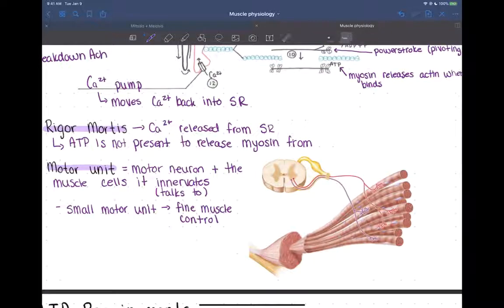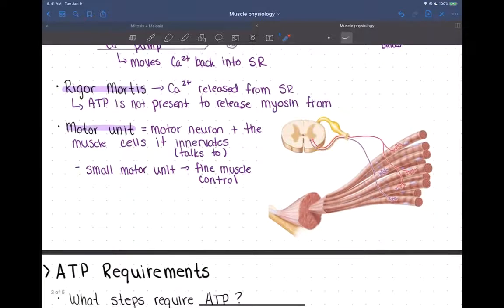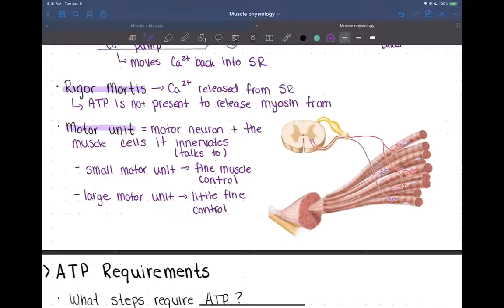And so your nervous system can activate just very small amounts of muscle to get this fine motor control, versus a very large motor unit. Large motor units would give little fine control. This would be like your big muscles, like your quadriceps in your thigh, or your biceps. Little fine control, so they're not very good for fine, delicate movement like small motor units are, okay?